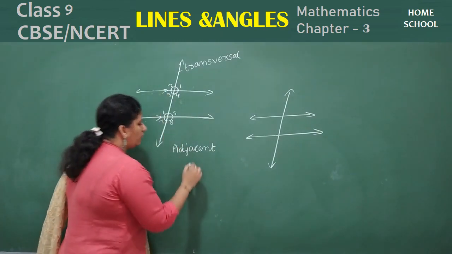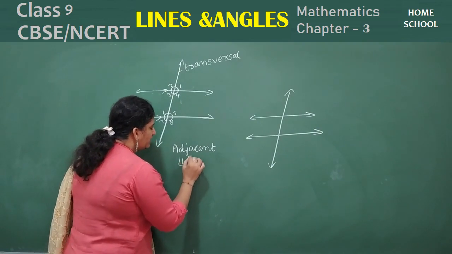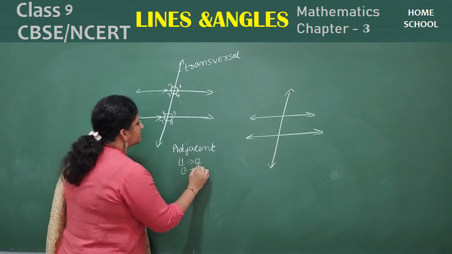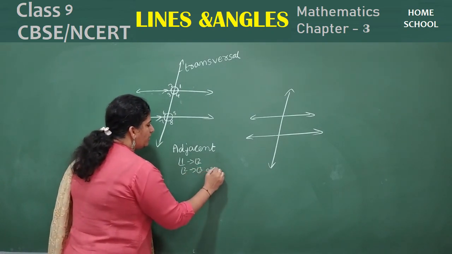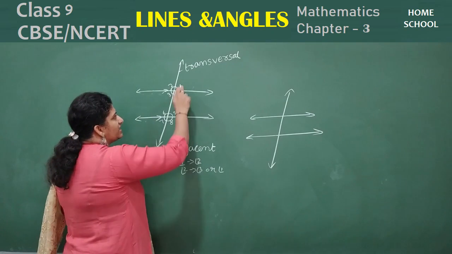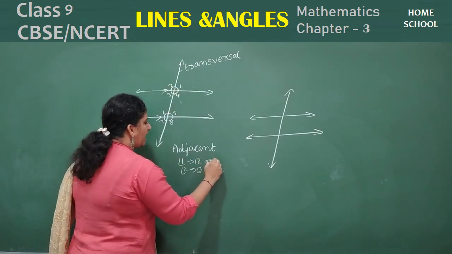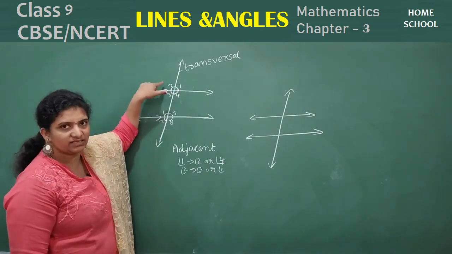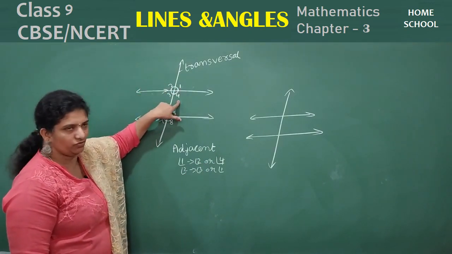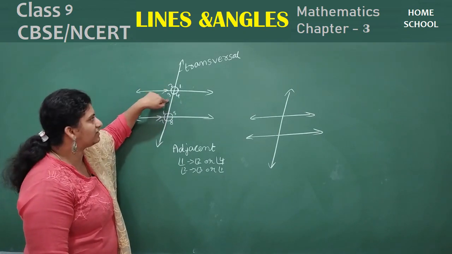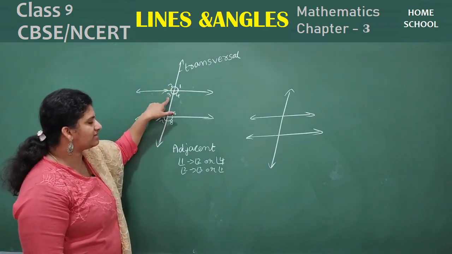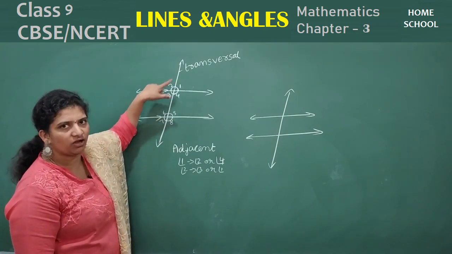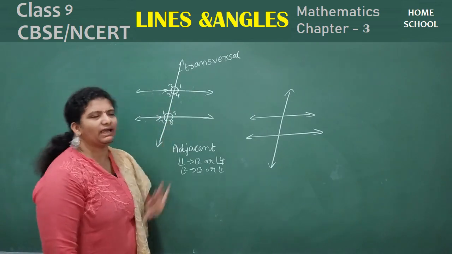So look here, how can you write it? Angle 1 is adjacent to angle 2 and also angle 4. Angle 2 is adjacent to angle 3 or angle 1. Angle 3 is adjacent to angle 2 or angle 4. Angle 4 is adjacent to angle 3 or angle 1. So many angles you can say.